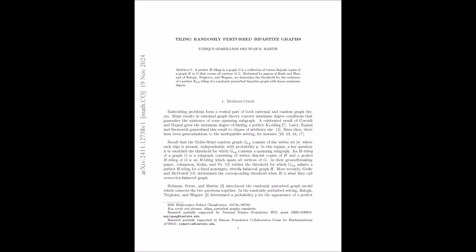And underpinning a lot of this work is a super powerful tool called Szemerédi's regularity lemma. The authors use it extensively in their proofs. We've heard that name mentioned a few times. What does this lemma actually do? I mean, can we break it down in simpler terms? It's a bit technical to explain in detail, but think about it this way. It allows us to take a really complex graph and kind of break it down into these smaller, more manageable pieces that are easier to analyze and work with.